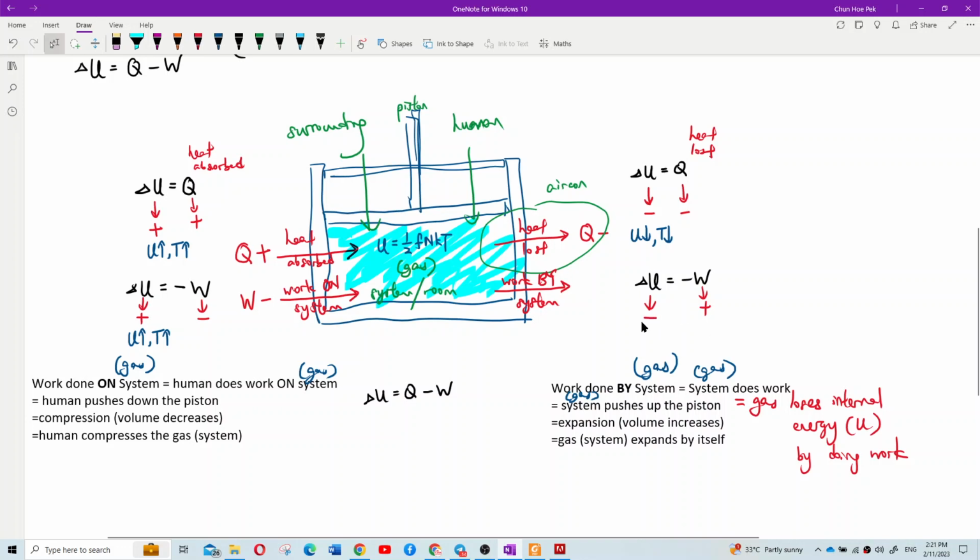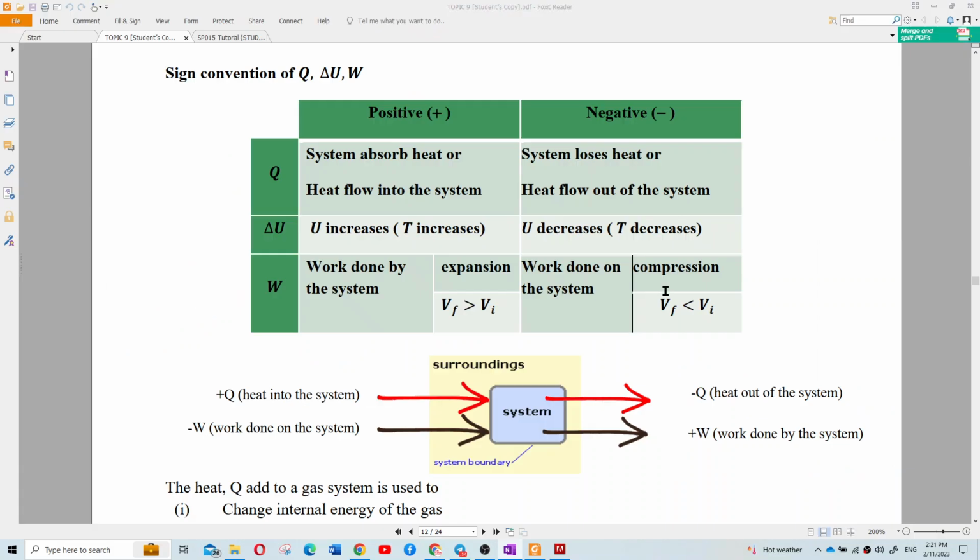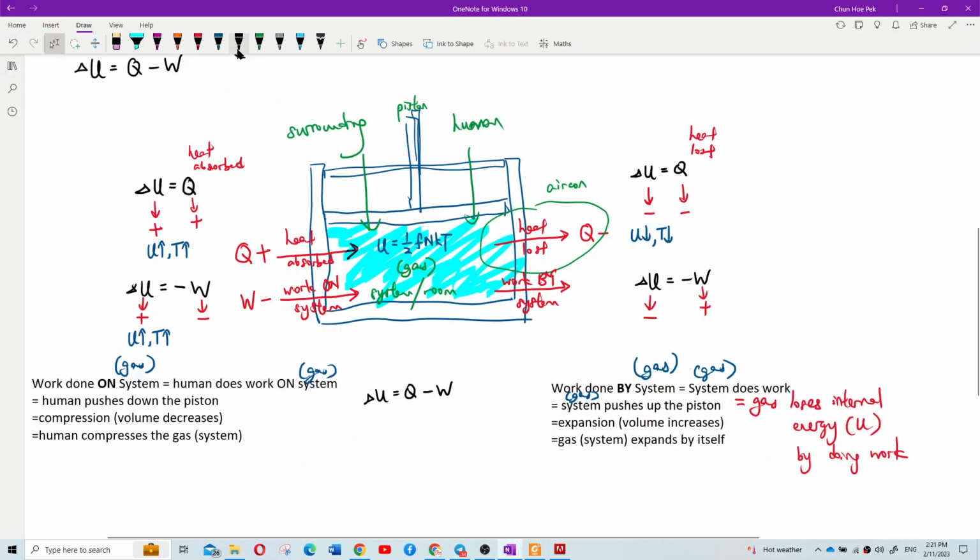Negative. What is meant by negative delta U? Delta U negative means internal energy decreases, temperature decreases. See that, class? If the gas does work by pushing up the piston, expansion, volume increases.